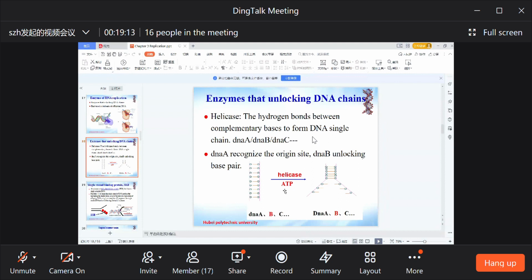Especially for the first two kinds of helicase, the function is very clear. DnaA recognizes the origin point, and DnaB destroys the hydrogen bonds.